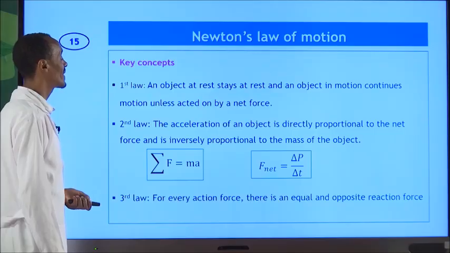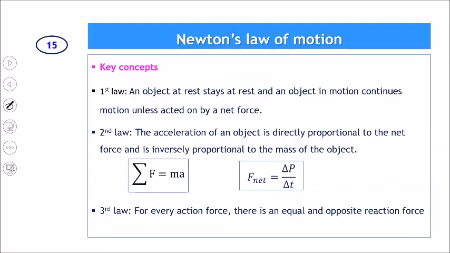Okay, now let's summarize, students. We have seen Newton's laws of motion: the first law, the second law, and the third law. What does each of them mean? The first law states that if an object is at rest, it remains at rest.